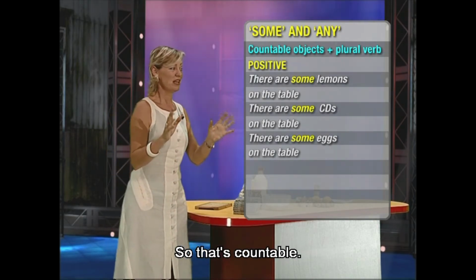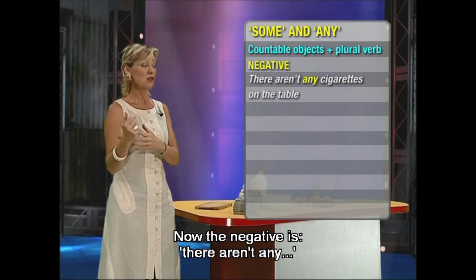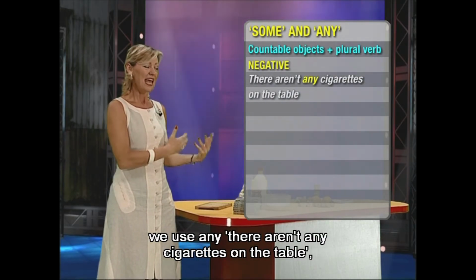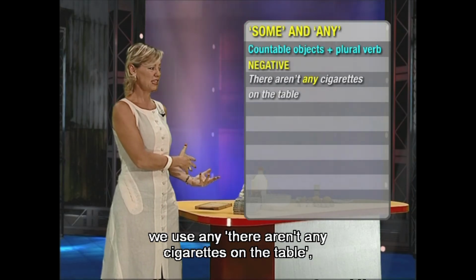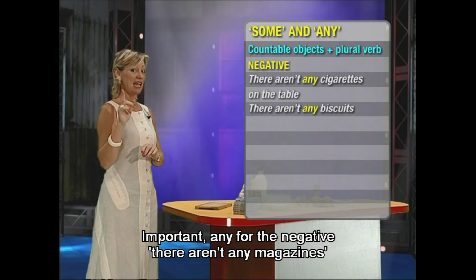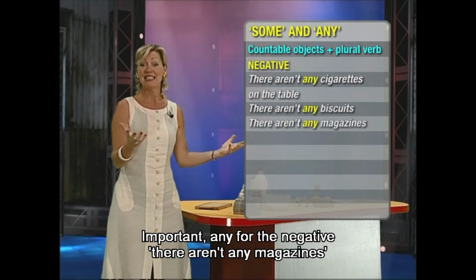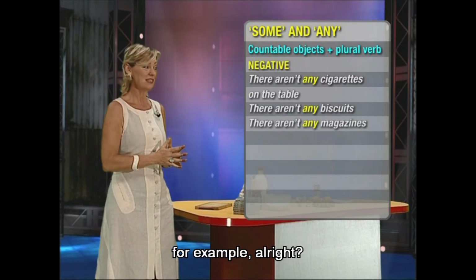So that's countable. Now the negative is there aren't any. We use any. There aren't any cigarettes on the table. There aren't any biscuits, important, any for the negative. There aren't any magazines, for example, all right?